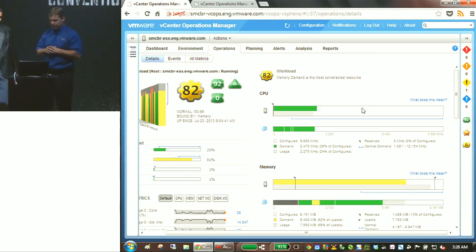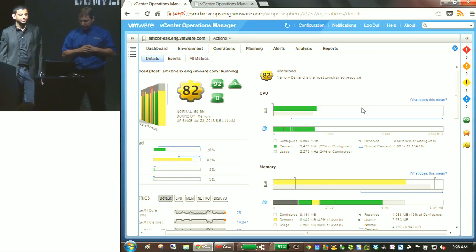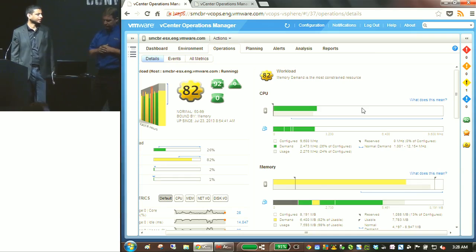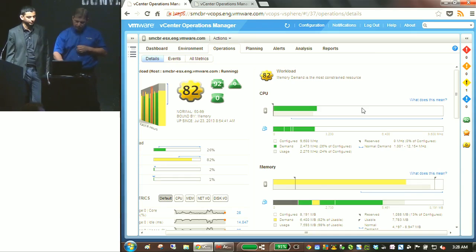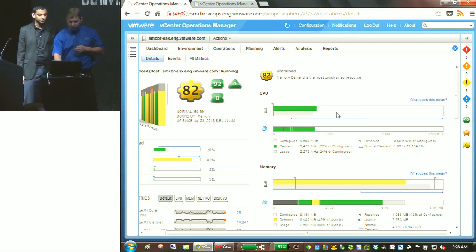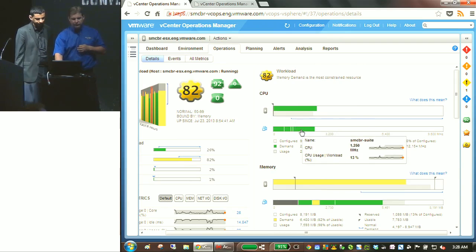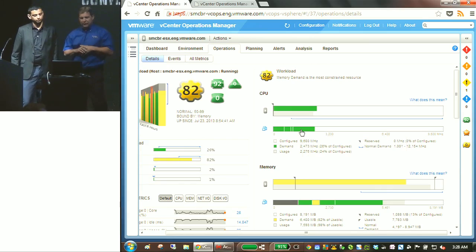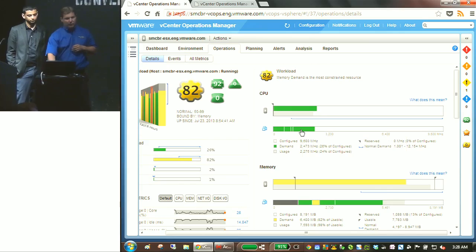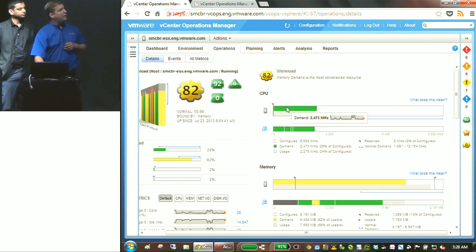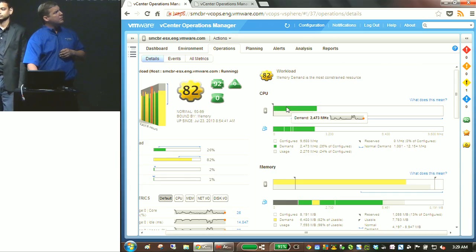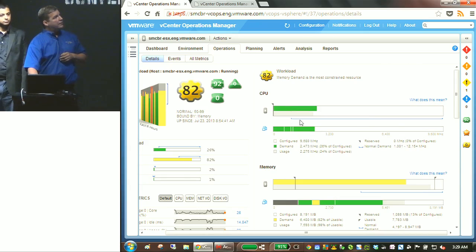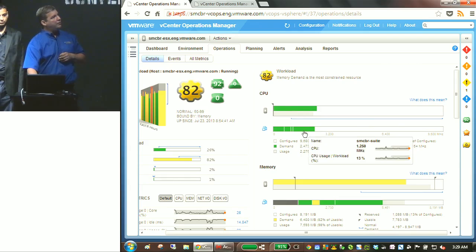One of the things we also like to do is look at the relative size of the VMs' consumption. You can see the bar on the bottom that shows how the VMs are using the overall demand and usage. This is another useful part of the area: if I have an overall for the host, how many megahertz, I can see which VMs are the highest users.